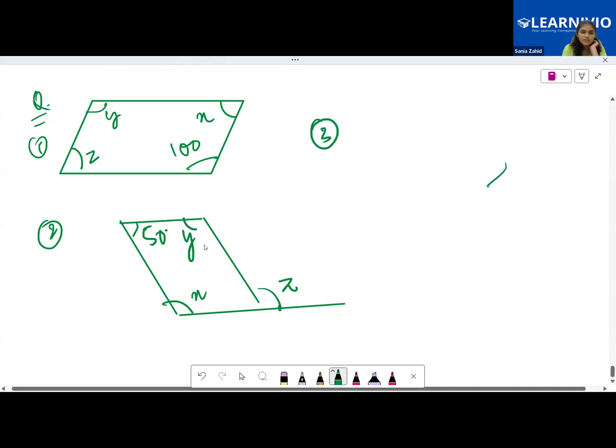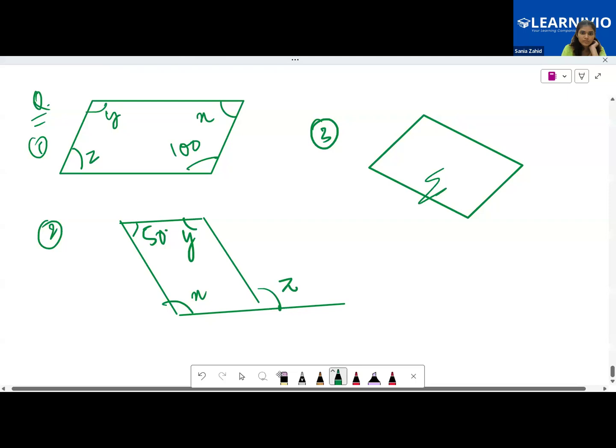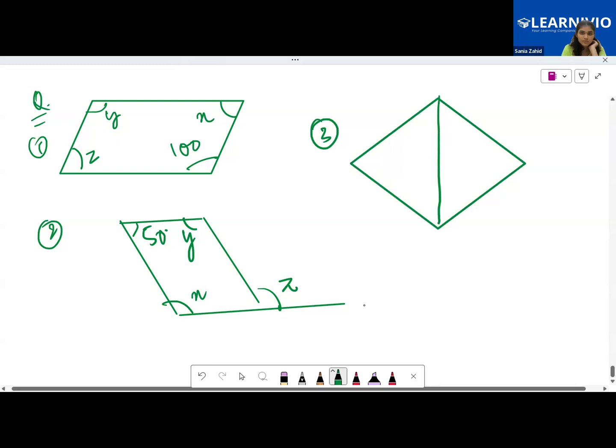This is the second one. Okay. Find all the unknown angles.